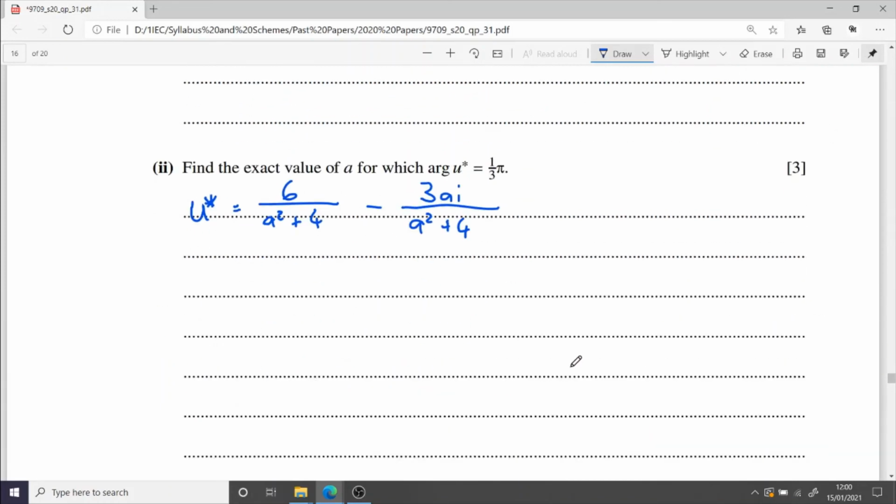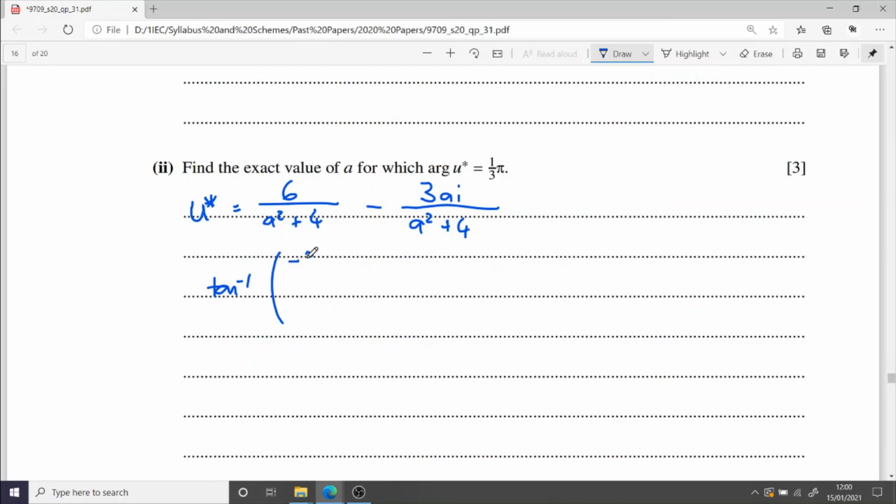And we're now going to find the argument of this. The argument is the angle that this complex number makes with the real axis, or you might think of it as the x-axis, on an Argand diagram. So that would be arctan of the y component, or the imaginary component, divided by the x component, the real component.